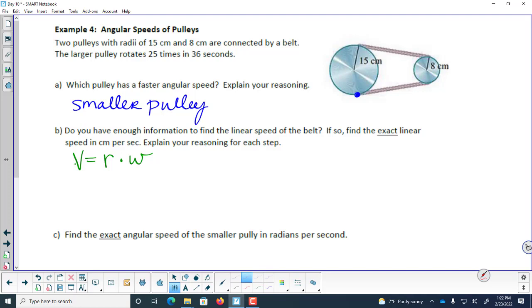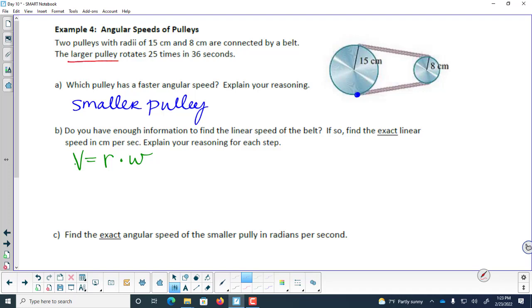The rotations that it makes in a certain amount of time, revolutions, rotations, that's what you need for angular speed. It doesn't have anything to do with the radius. It's just how is it revolving? And then we convert that to radians per unit of time. So anytime you've got revolutions or rotations, easy to get that angular speed.